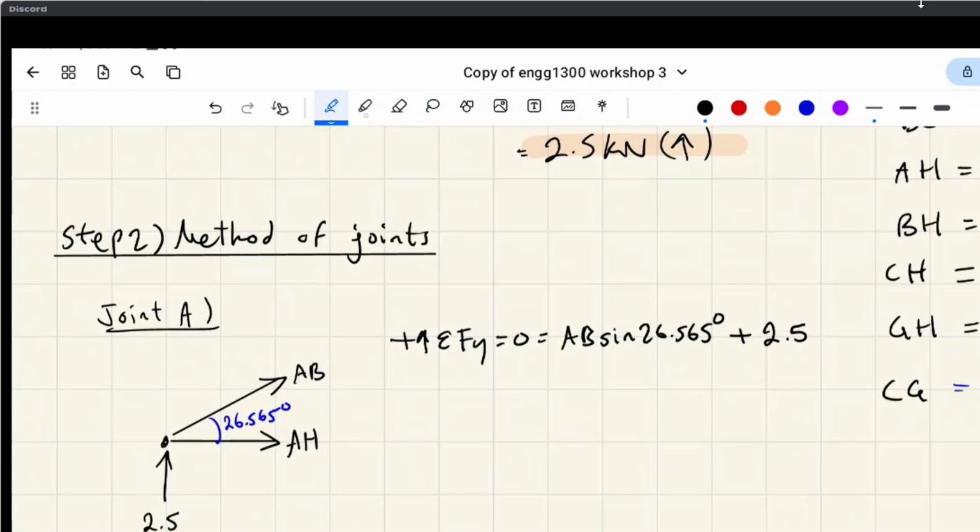What we've done is here's the vertical component of AB. That's sine because it's opposite, if we draw it like a vector. And we solve for AB. I don't have my calculator with me, so I'm going to have to rely on my notes here.